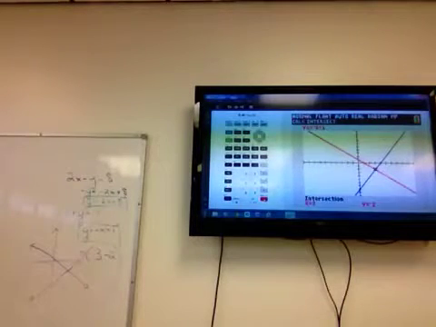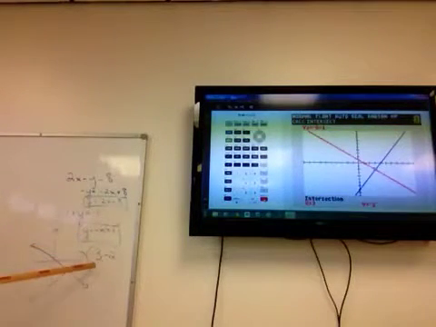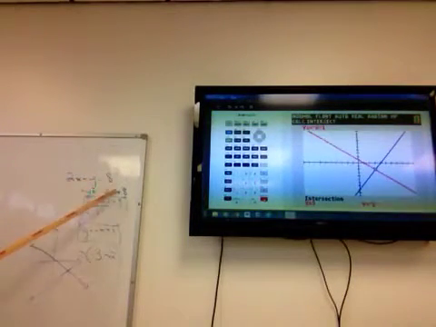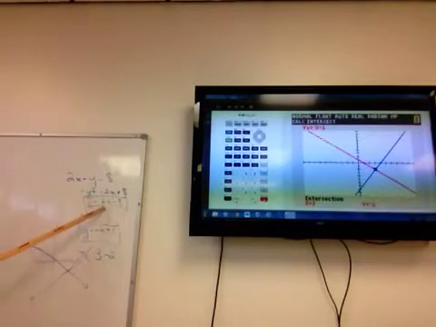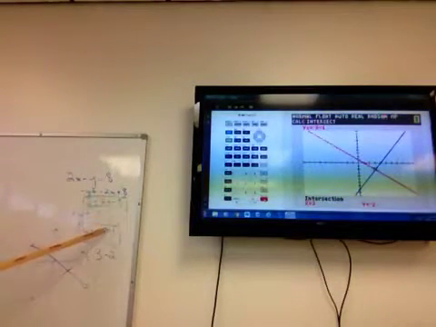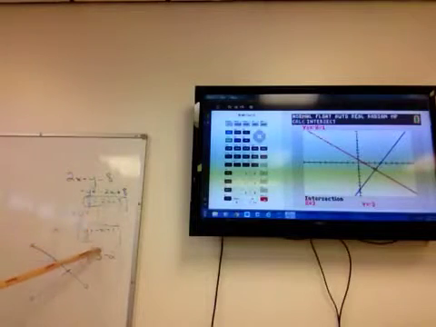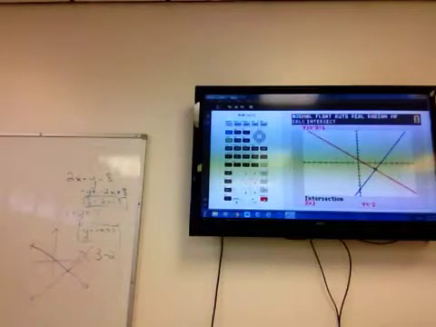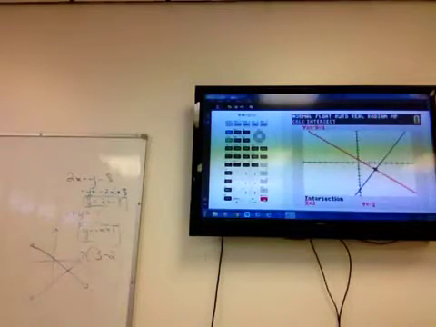You can always check to see if you're correct by plugging this back into the original equations. Don't go to these, because if you solved them wrong, it's going to work for those. Go back to the original equations, and does the ordered pair 3, -2 work? And if it works in both, you are correct.